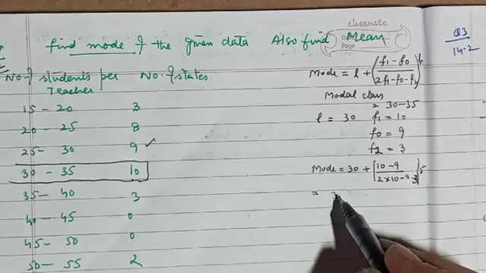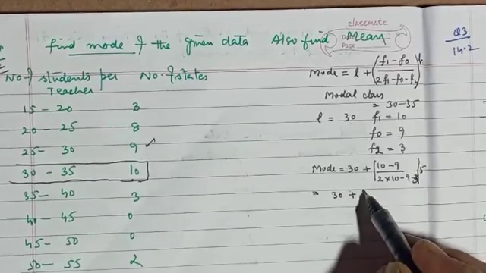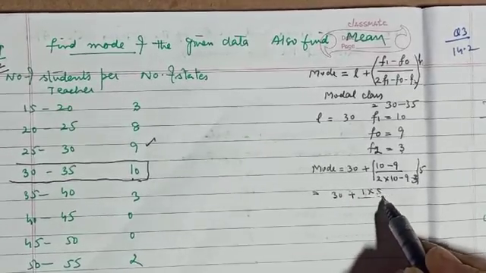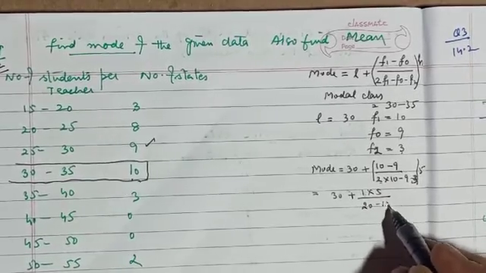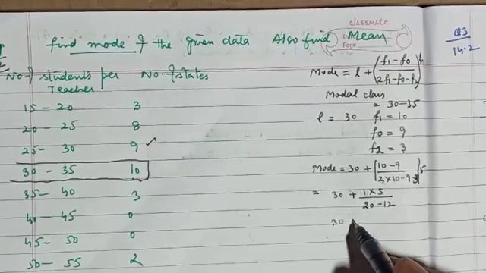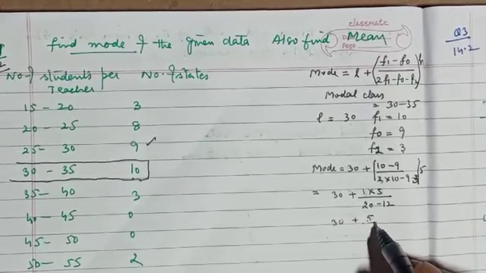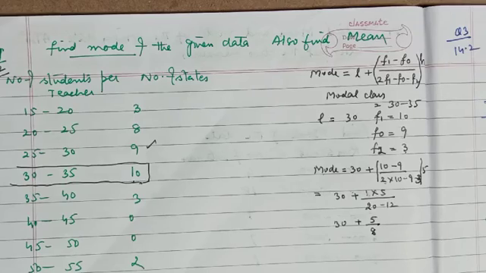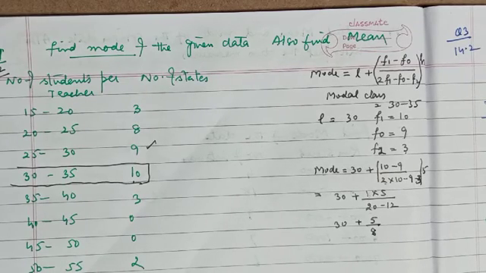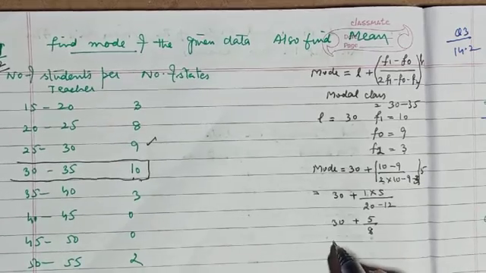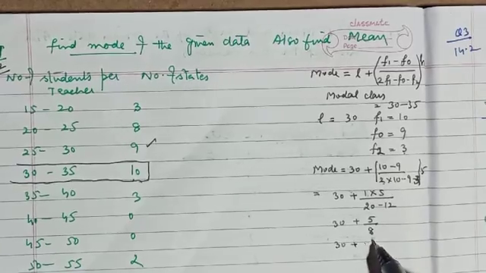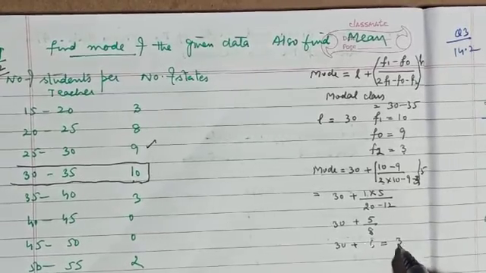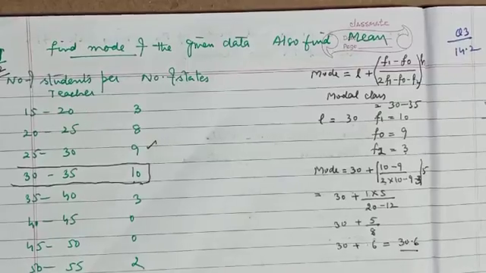It will be 30 plus 1 into 5, 20 minus 12, 5 over 8, and 5 over 8 is 0.6. So it will come out to be 30.6.